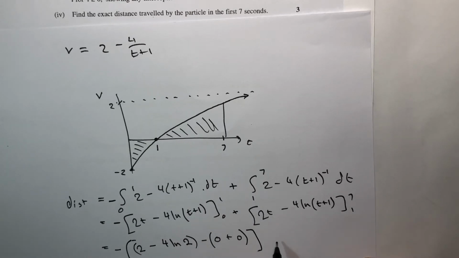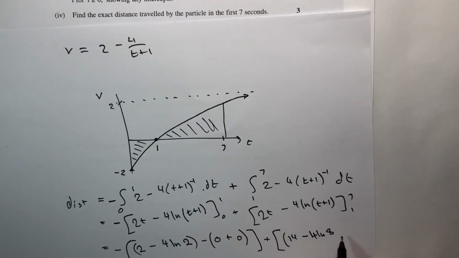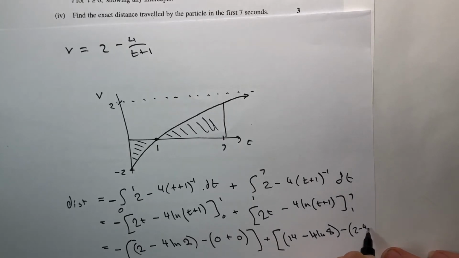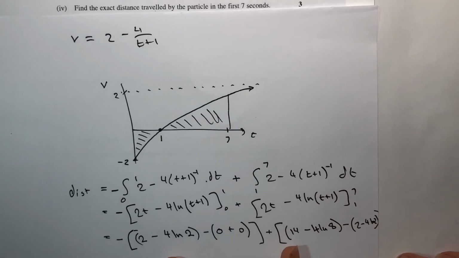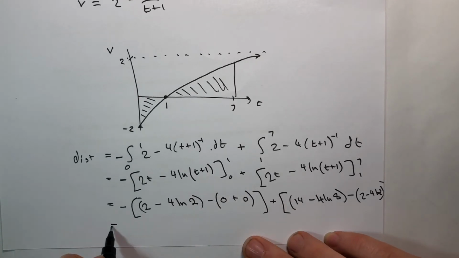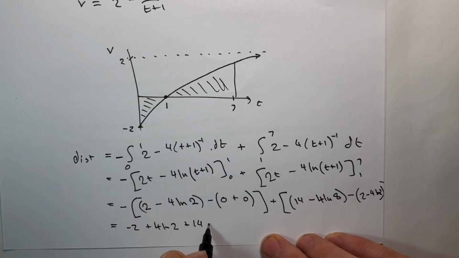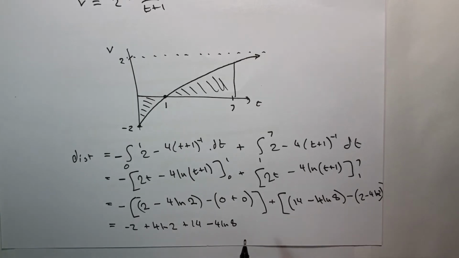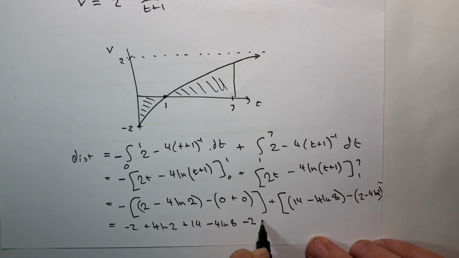So we've got to negate that, plus 2 7s, so 14, minus 4 ln 8, minus 2 1s minus 4 ln 2. Hope you can see that. Equals minus 2 plus 4 ln 2 plus 14 minus 4 ln 8 minus 2 plus 4 ln 2.